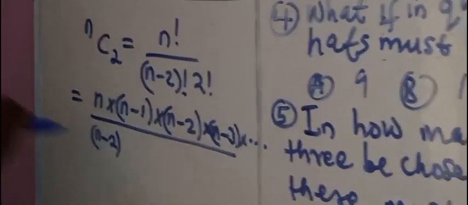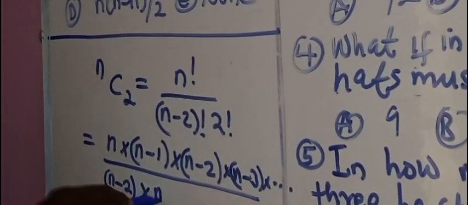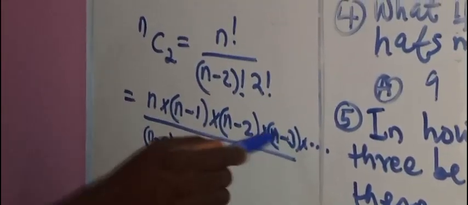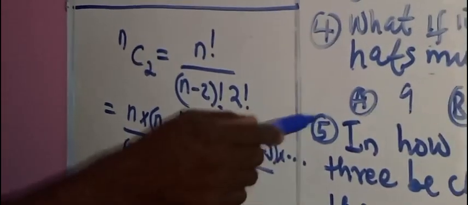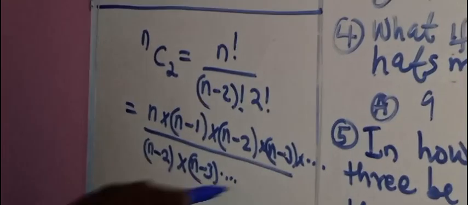It keeps on reducing that way. Now, n minus 2 factorial means n minus 2, and you start with that, times n minus 3, it keeps on reducing by 1. If you look at the upper one, you could have had n minus 4 and so on. The same thing here, so you just put dot, dot, dot. You don't need to disturb yourself.